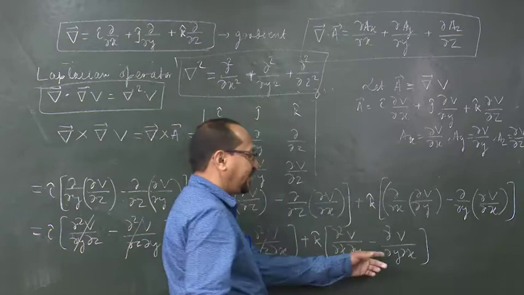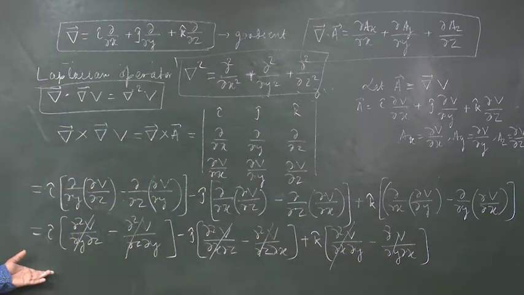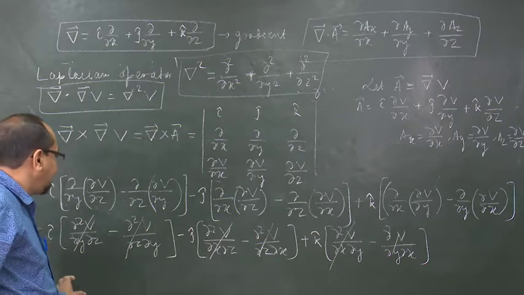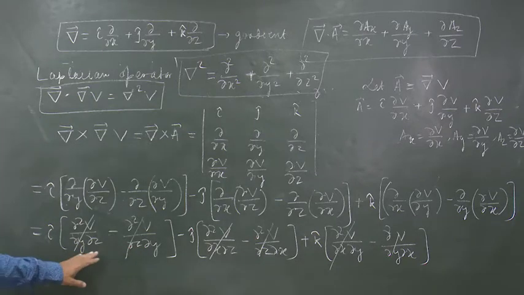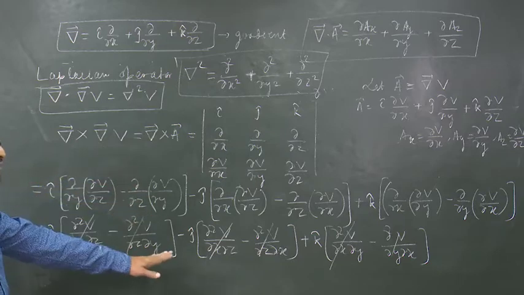Again they are the same, so they cancel out. So what you find here is that the total becomes 0, they all cancel out. So what we arrive at is, curl of grad v is equal to 0.